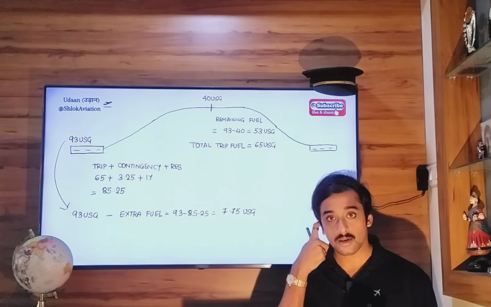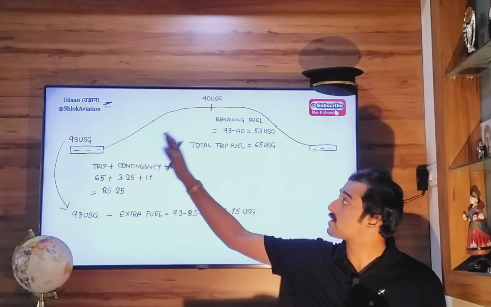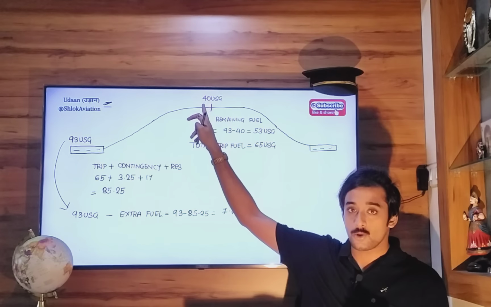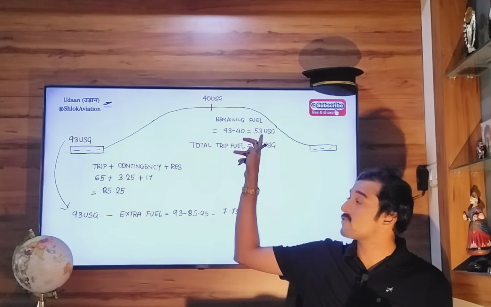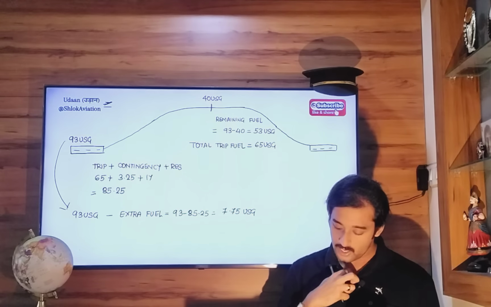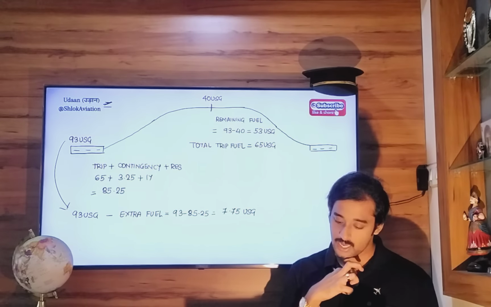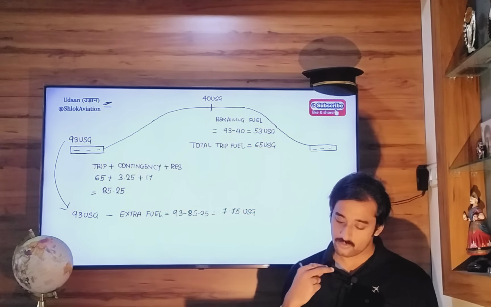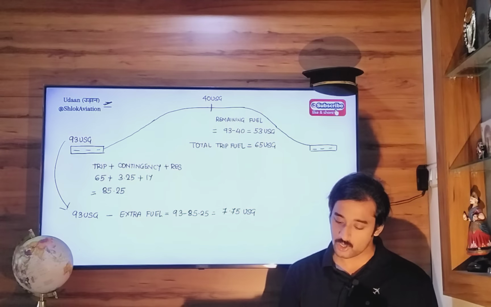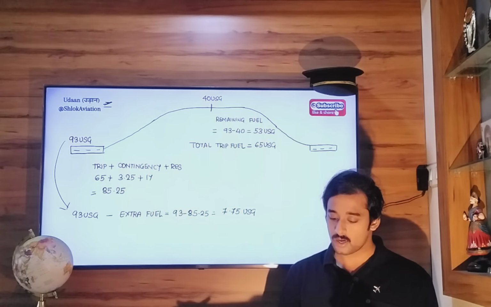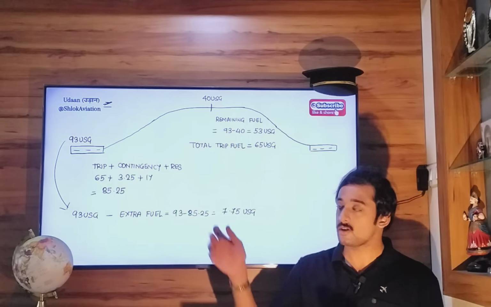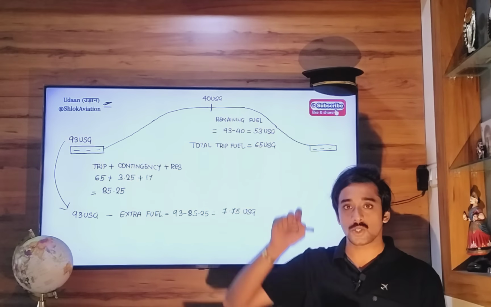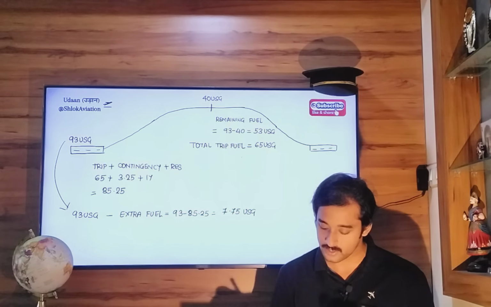Now when you have traveled 50% of the distance, you have consumed 40 US gallon, and you are left with 53 US gallon. Whether this 53 US gallon is sufficient to reach your destination or not: if you take 40 US gallon for the halfway distance, for the remaining halfway distance you will also require 40 US gallon.